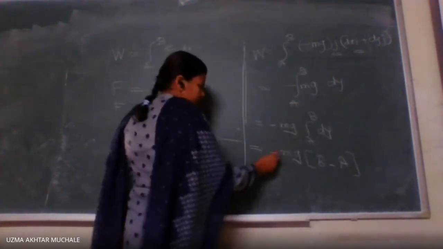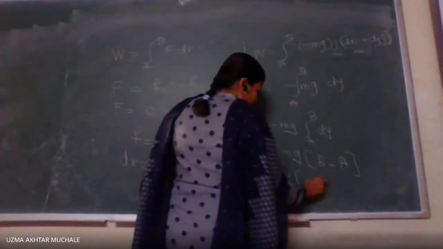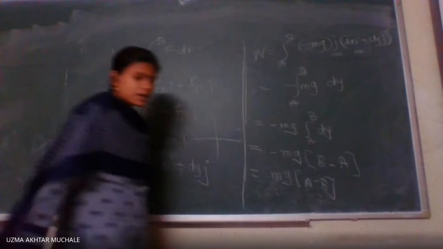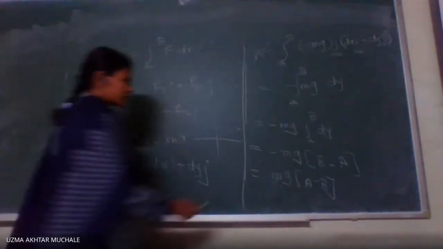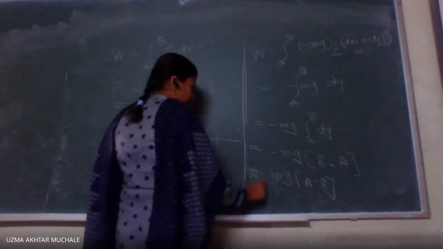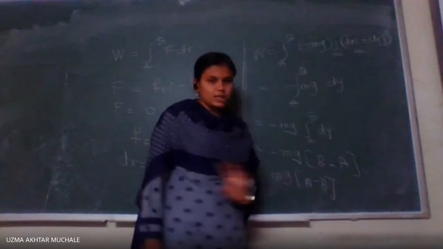Finally, if I keep this minus sign inside, it is mg into a minus b. Correct? So what is the formula for the work done? We have obtained work done equals mass into gravitational acceleration, in the bracket a minus b.